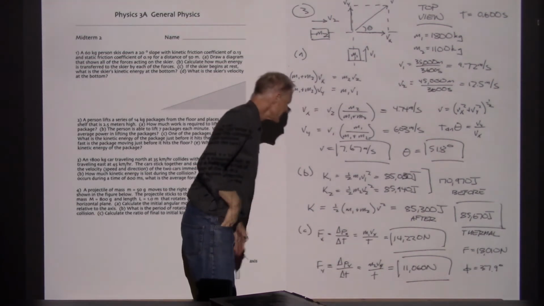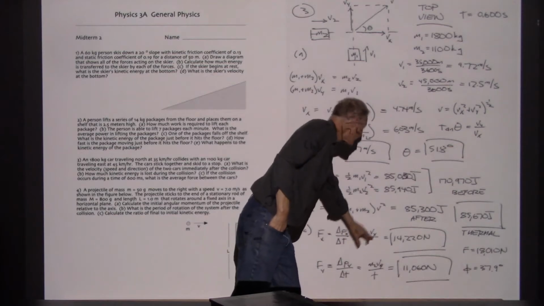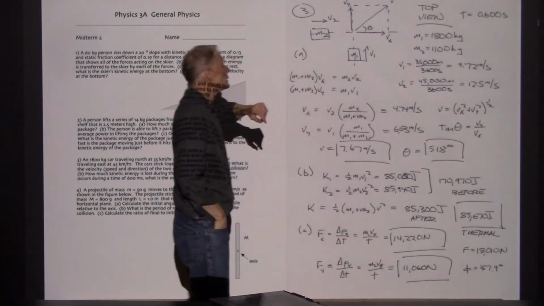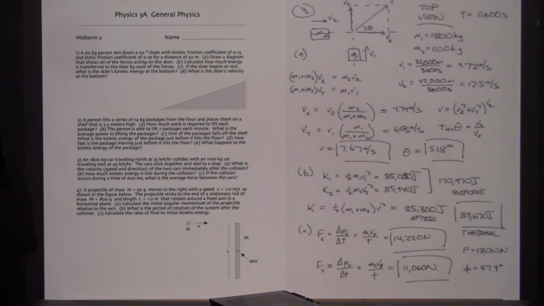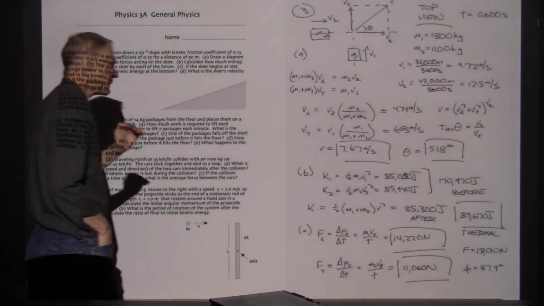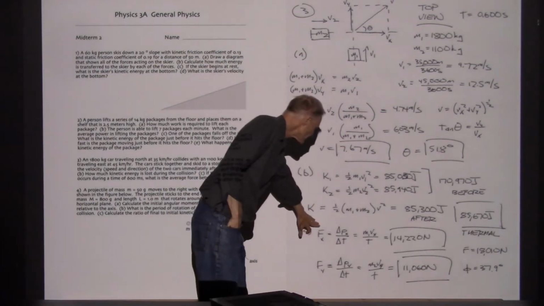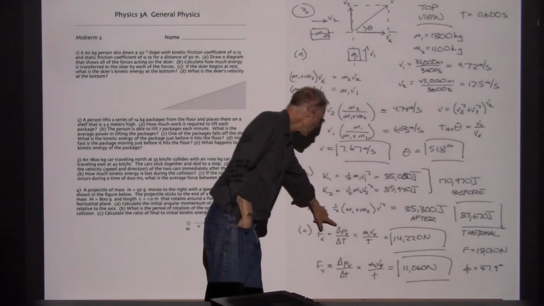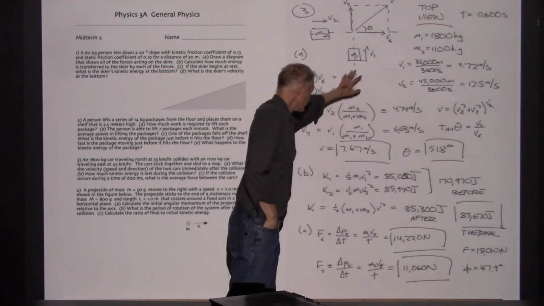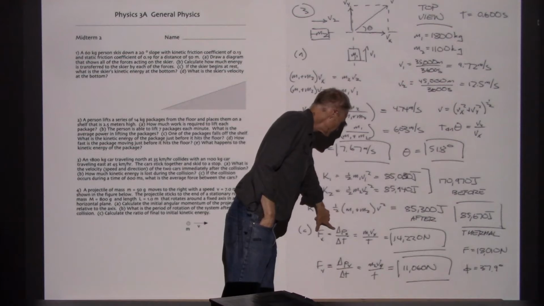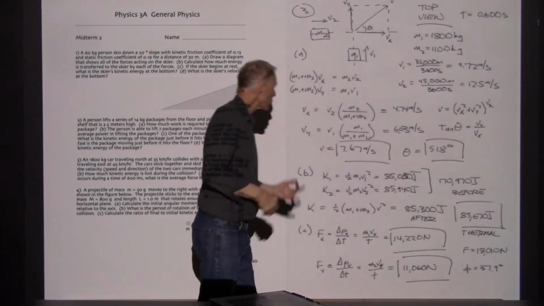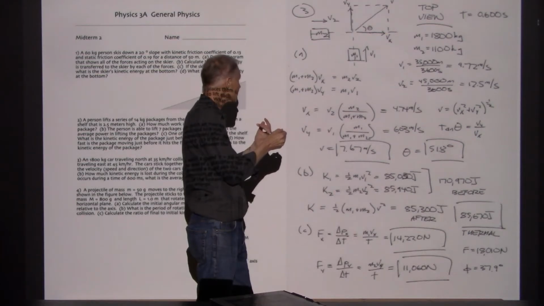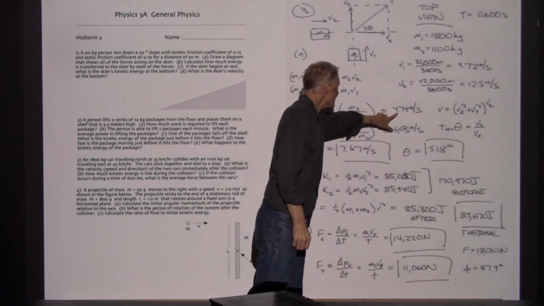Now delta t, that time interval, is just what we call t up above. So I'm going to say delta t is the same thing as the 0.600 seconds. We're getting an average force here. The momentum for car 1 underwent a momentum increase of m1 vx. So that's taking the mass of the car and this number.